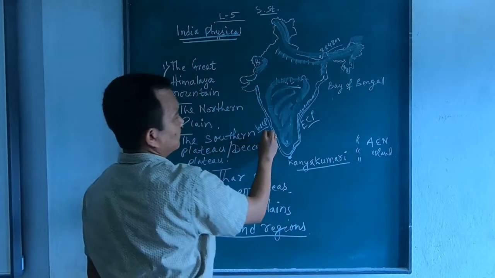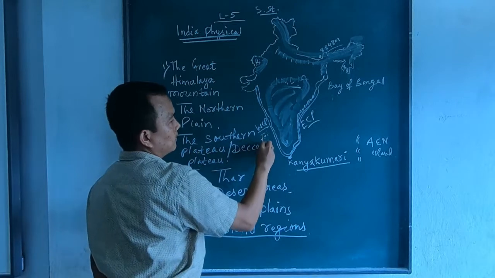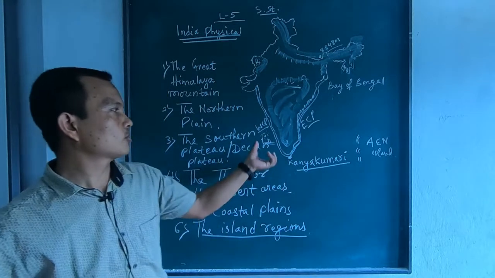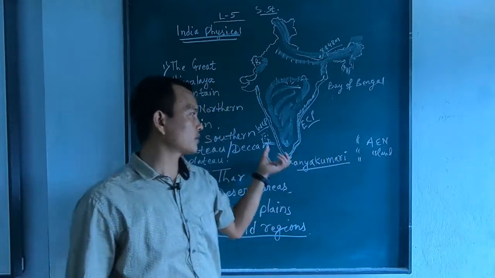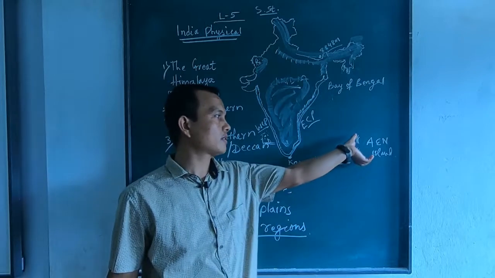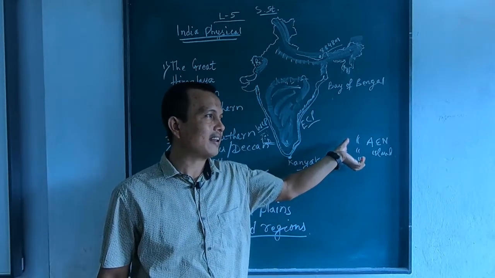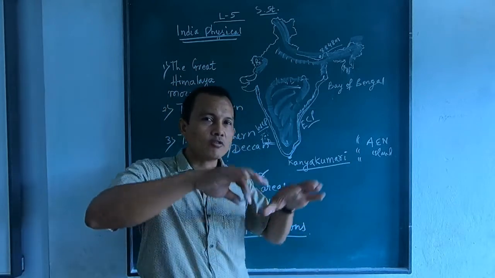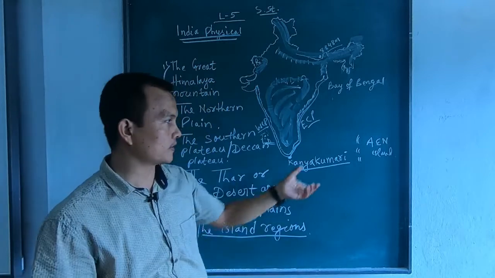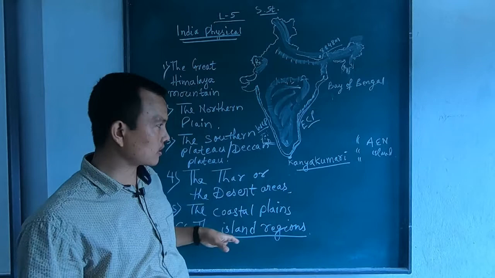And one is somewhere here, Lakshadweep. So these two regions comprise the island regions in the country. An island is nothing but a small landmass surrounded by water on all sides, 360 degrees. So these two form the island regions in our country.